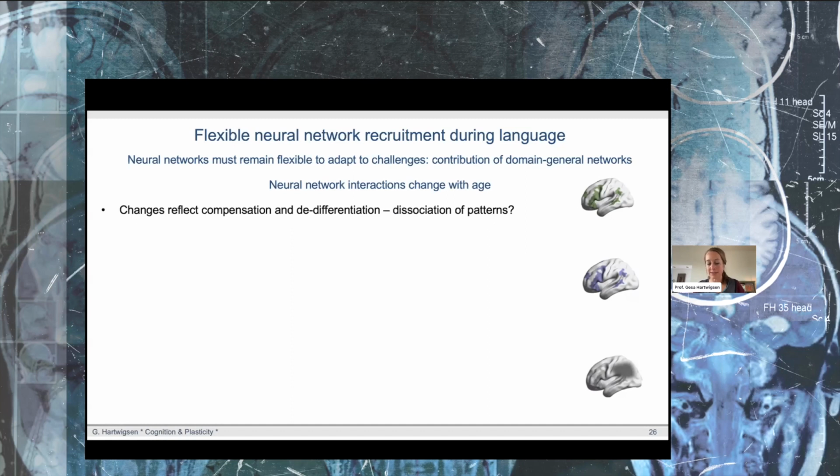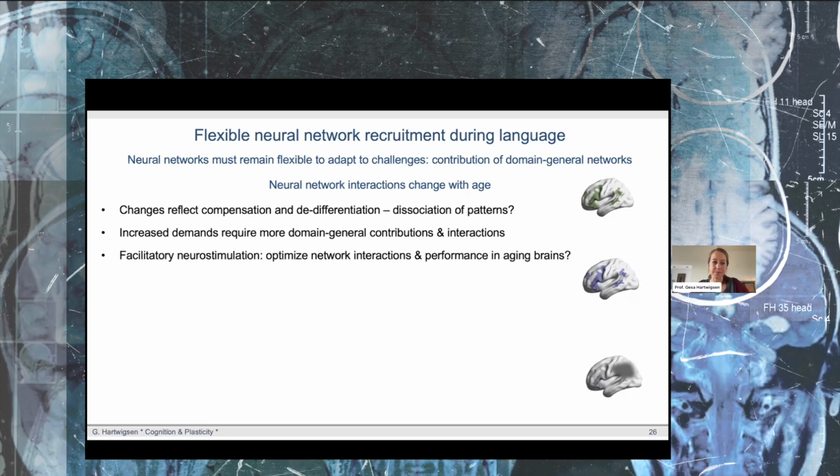We have some first ideas based on our data that increased demands seem to require more domain general contributions and more domain general network interactions. So when healthy elderly participants perform the same fluency task as young adults, to be able to have the same pattern of accuracy, they need more contributions from domain general networks.